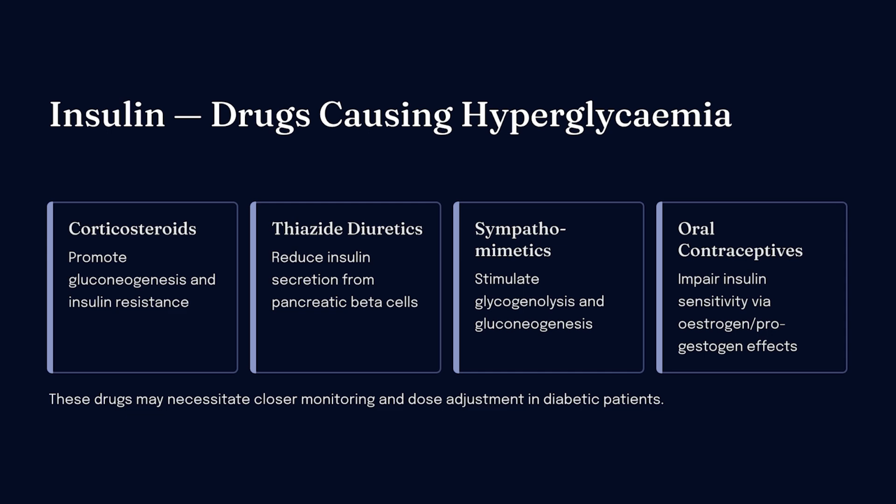Finally, oral contraceptives may impair insulin sensitivity through estrogen and progesterone effects, leading to reduced glucose utilization. The key message is that these drugs can antagonize the glucose-lowering action of insulin and may necessitate closer monitoring and dose adjustment in diabetic patients.